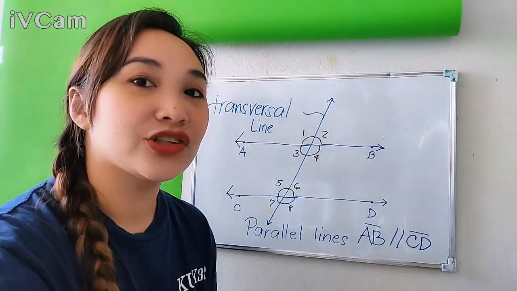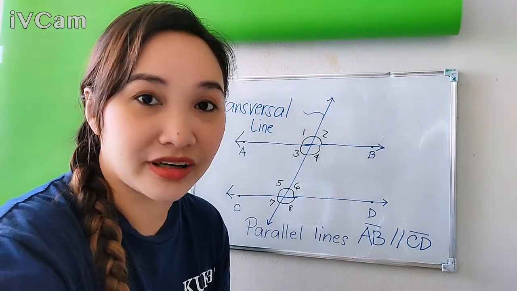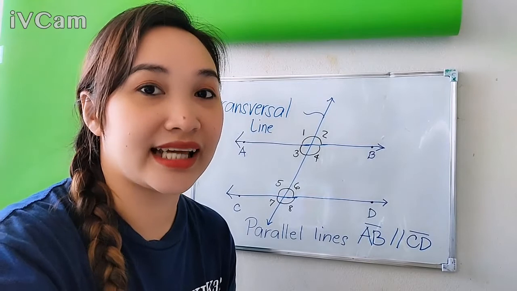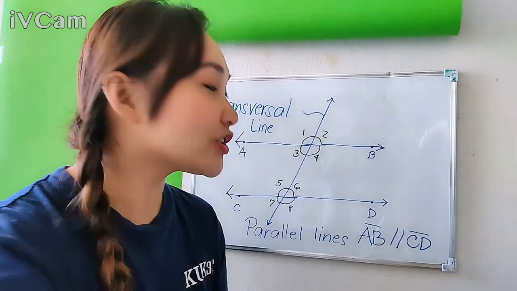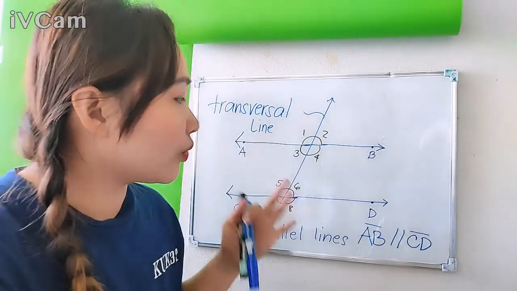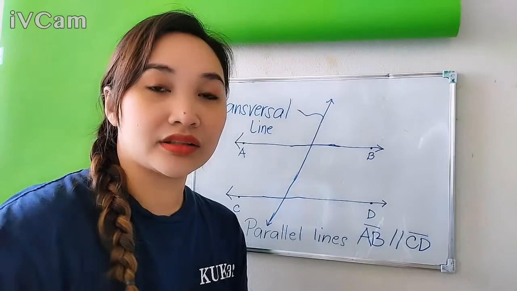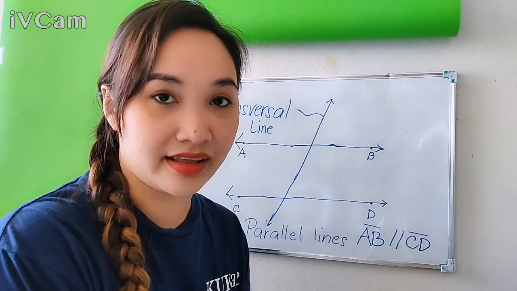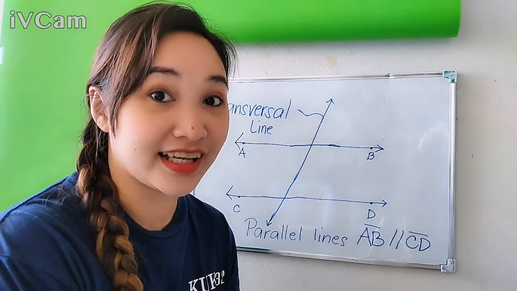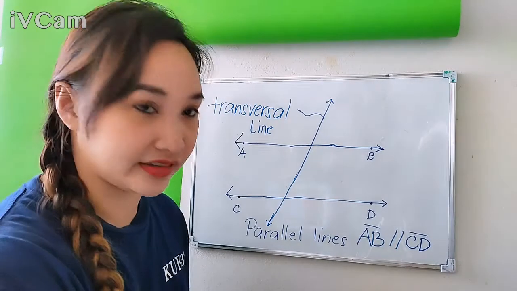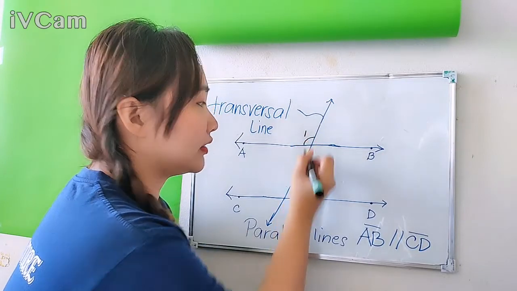Okay, first we will identify what those different angles are. First we have consecutive angles. Let's try to identify here what the consecutive angles are. Okay, I will erase this one. Consecutive angles are angles that are in the same position. Example, angle 1.